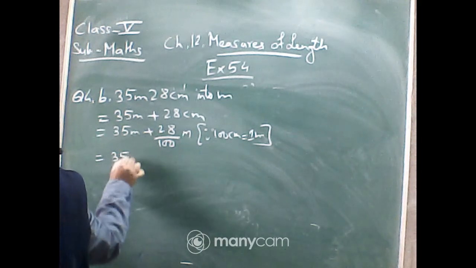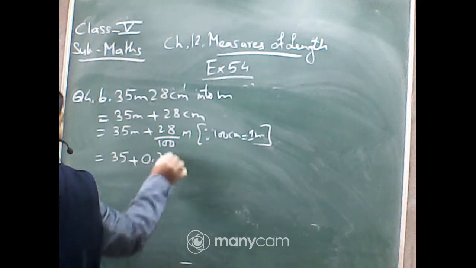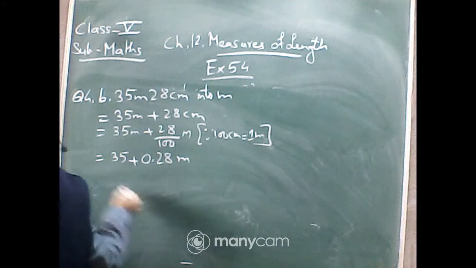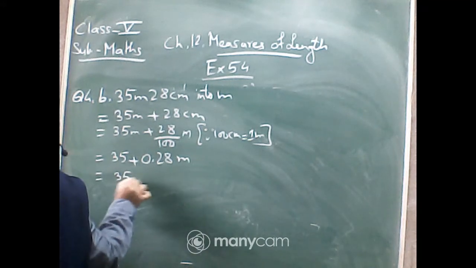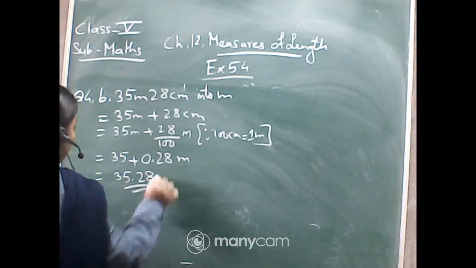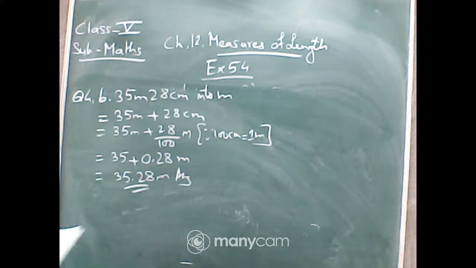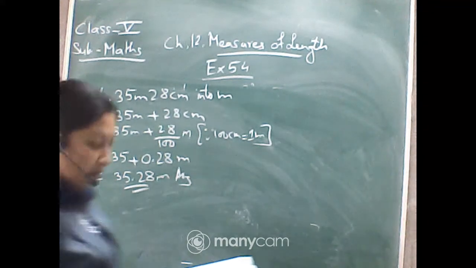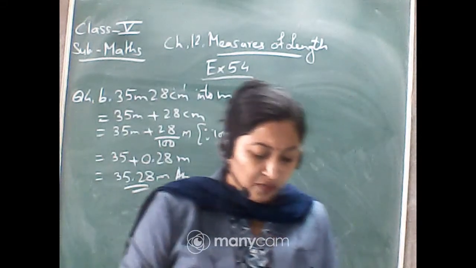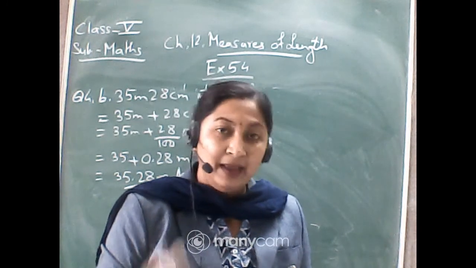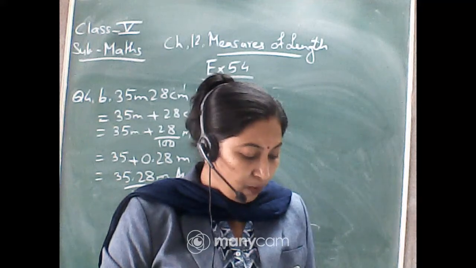So this is 35 plus 0.28 meter, and when you are adding you are getting 35.28 meter as the answer. So question number C and number D of question 4, you will do on your own in the same process.